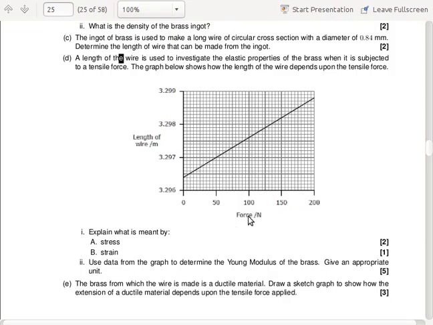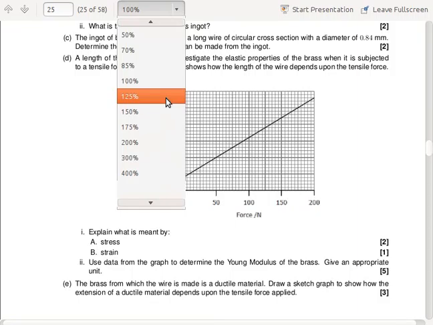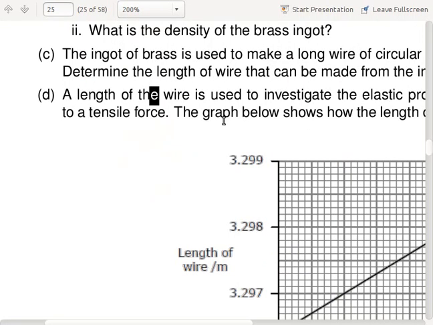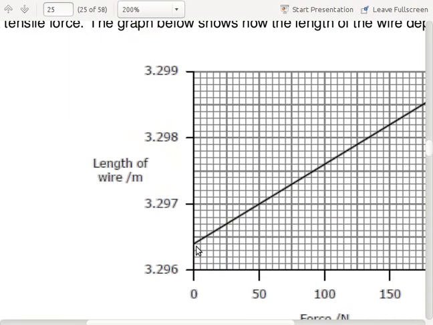I actually know what the L is. If the force is 0, will the wire be extended? No. So if I just look at this graph really closely, you see this number here? This is the L. Okay? So can you make note here? L equals 3.2964.